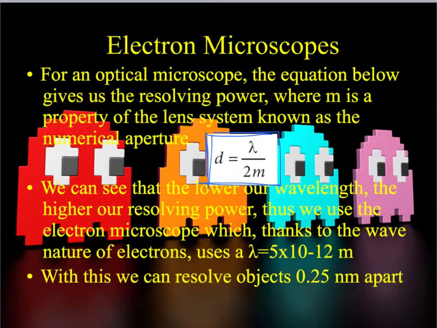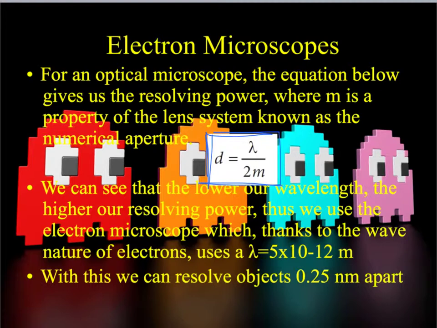But if you look at this equation, what you should notice is that the smaller the wavelength, we actually have a better resolving power, because as the wavelength decreases, the distance between the two that's required to resolve them decreases.